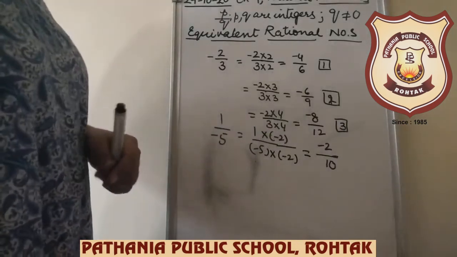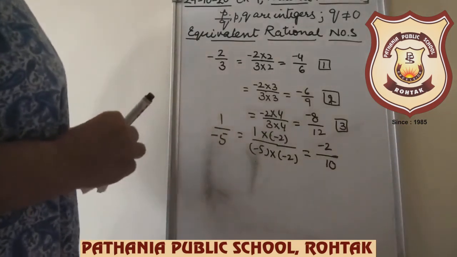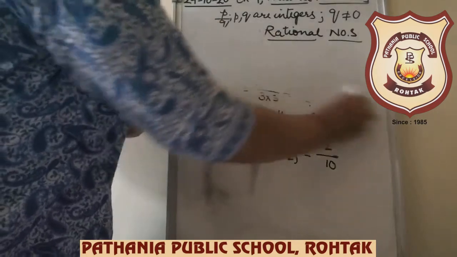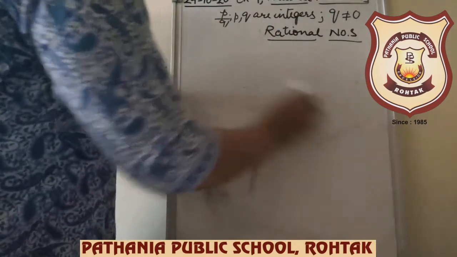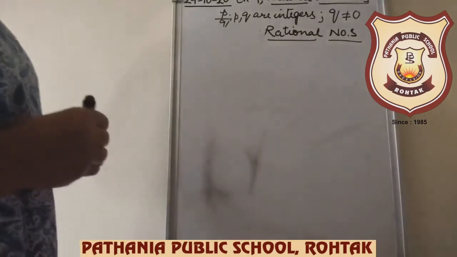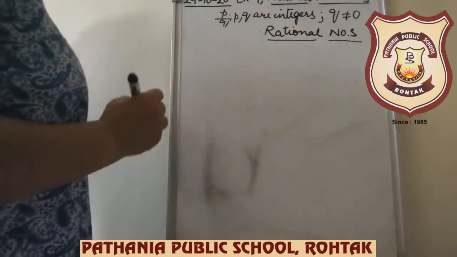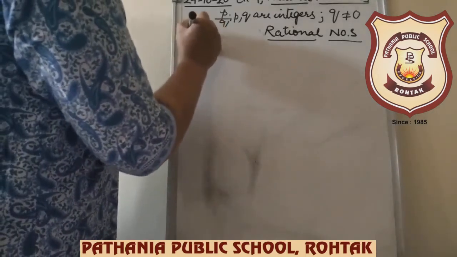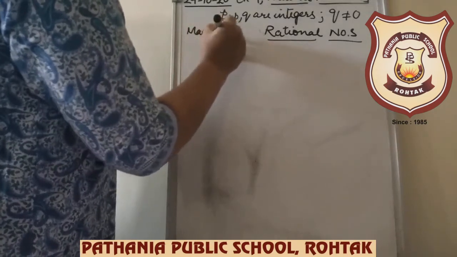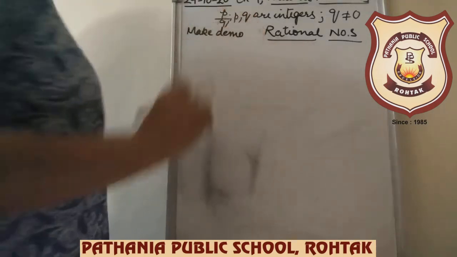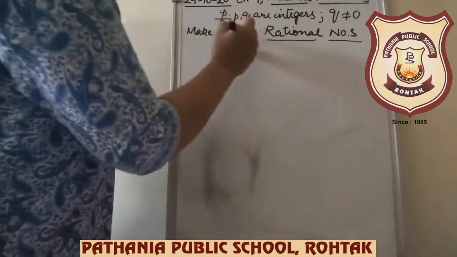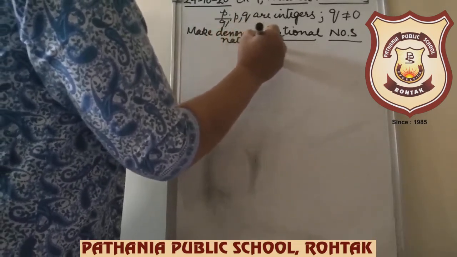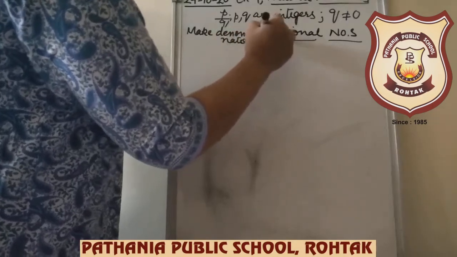Now how to write a rational number with positive denominator? Because negative denominator is not a standard form, that you know. Suppose I have to make the denominator positive of a rational number.